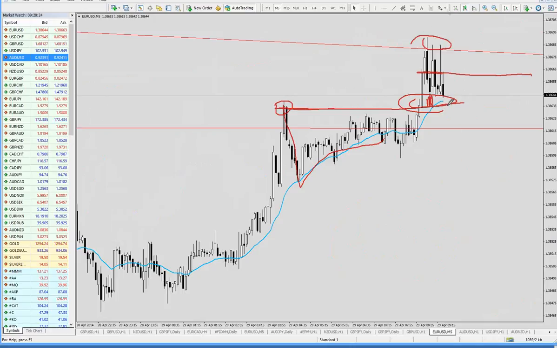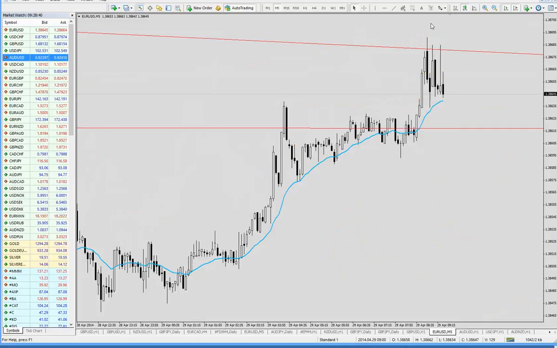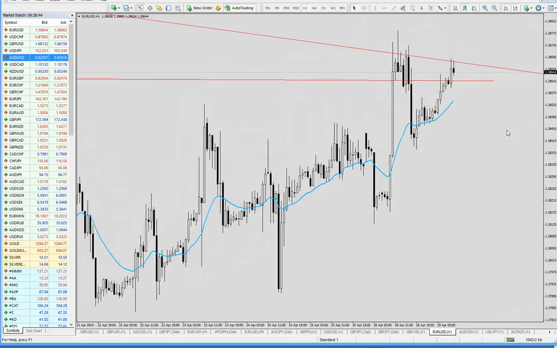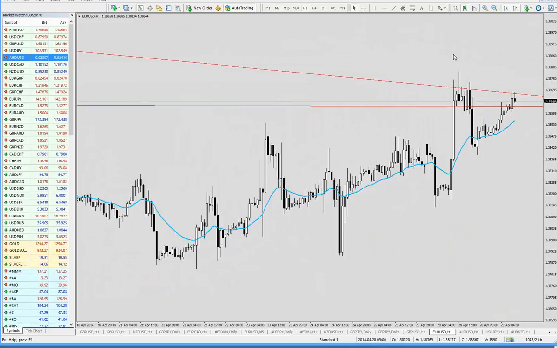I would say 65 could be the selling area, with stop above yesterday's high.